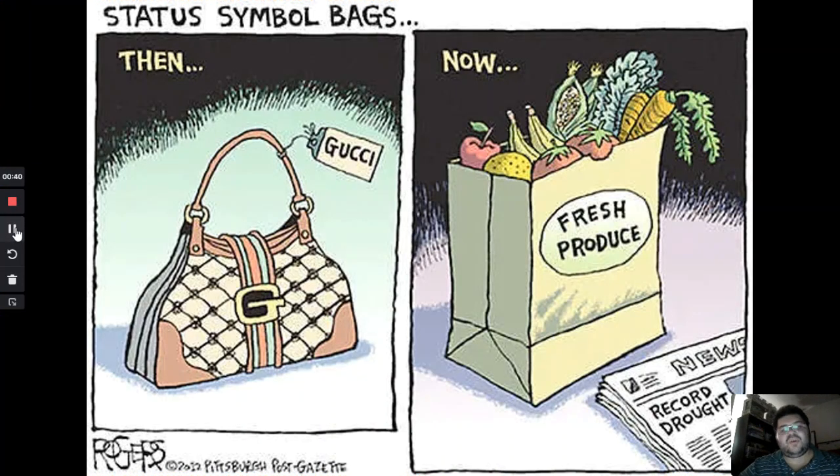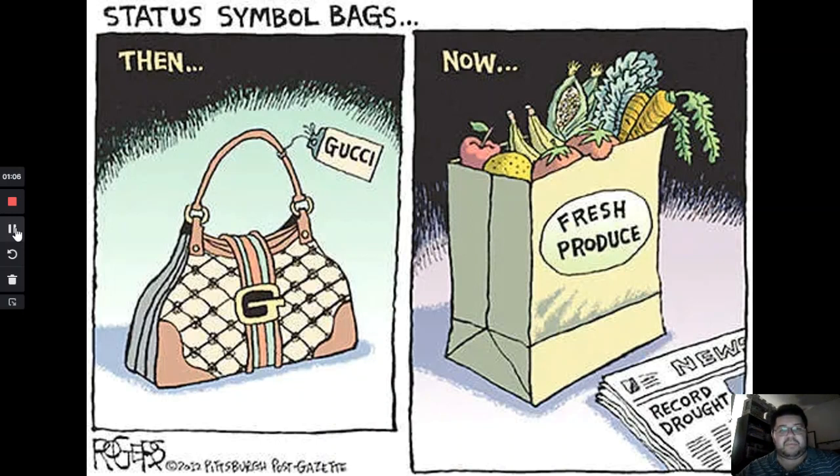So here's your warm-up picture. Now, if you notice where it says then, you can see there's this Gucci purse type of thing, and where it says now, there's a bag of groceries. So the question is asking you about this person: back then, their top priority was buying Gucci purses and things like that.